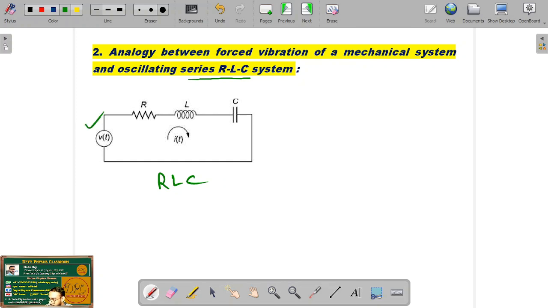We will find the analogy between this RLC circuit and a mechanical system under forced vibration.